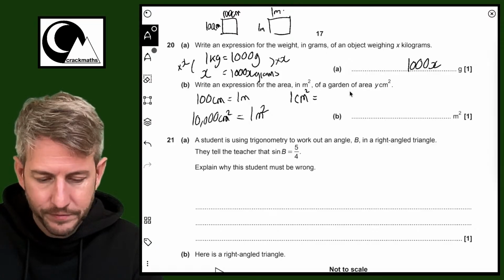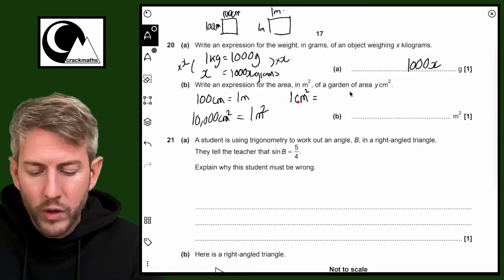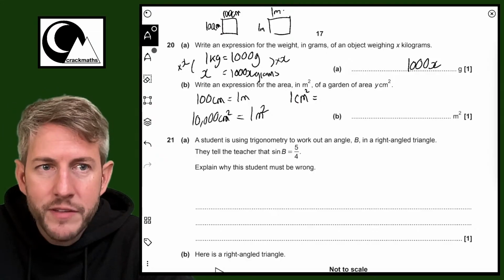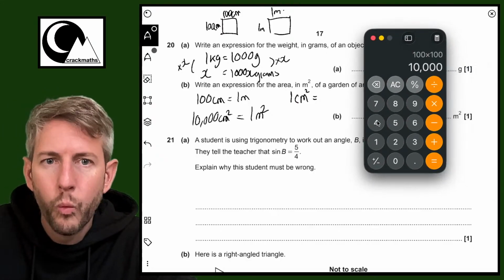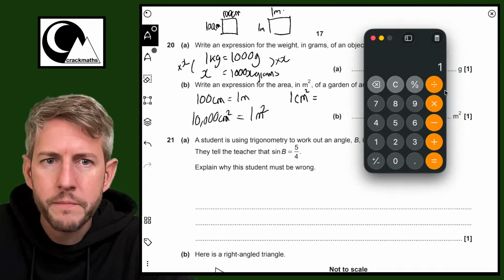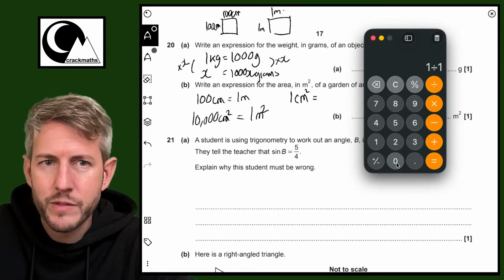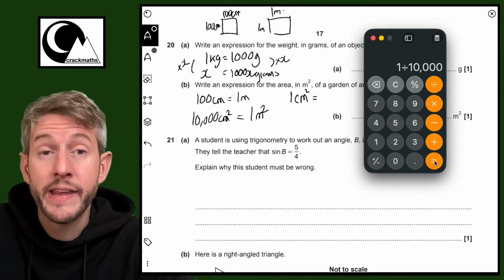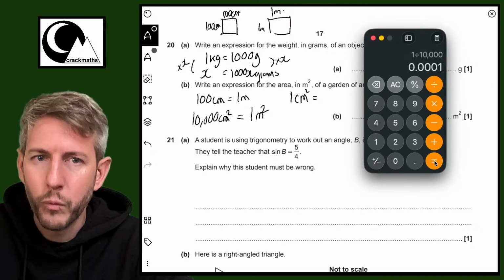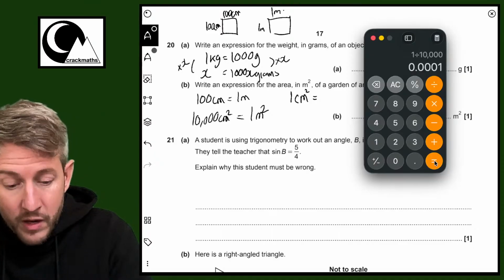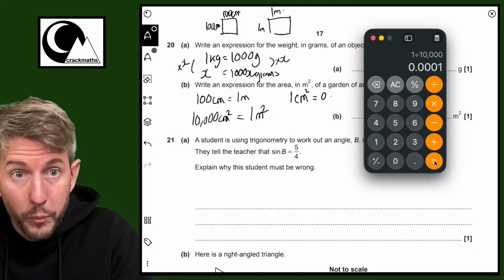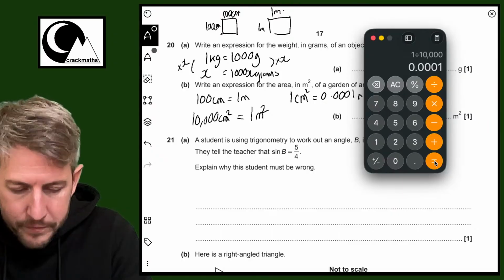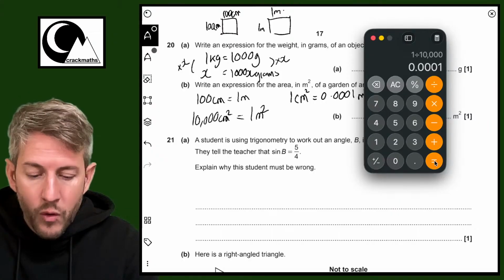So what we're going to have to do is divide 1 by 10,000. Because we had 10,000 centimeters squared and we only want 1. So 1 centimeter squared equals 0.0001 meters squared.